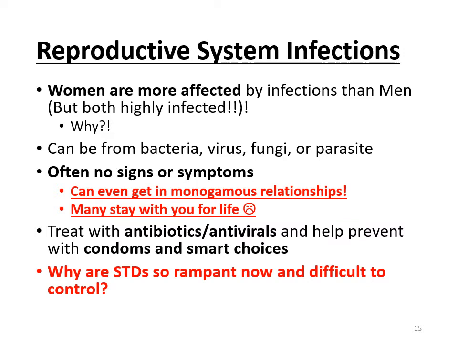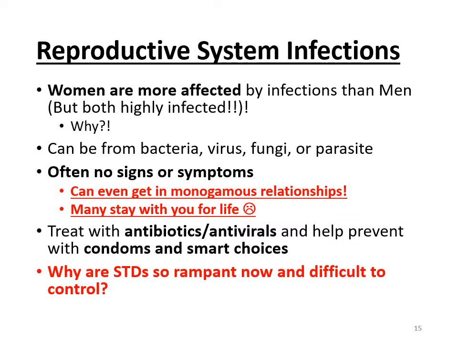Now, I do want to point out that a lot of these infections are spread while people are what they call asymptomatic. That means you can give or get infections from someone who's not showing any symptoms. And unfortunately, a lot of STDs stay in your body for life, even if they may not be active at every moment.